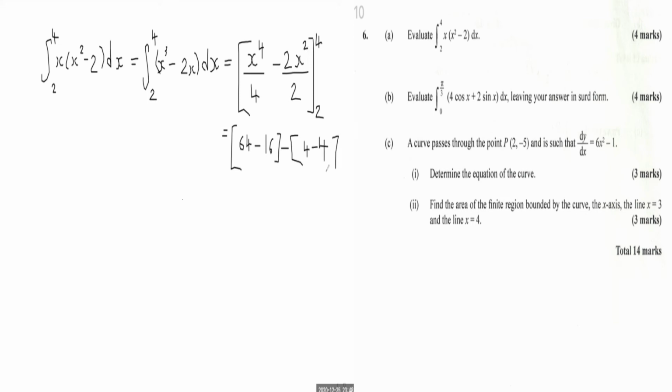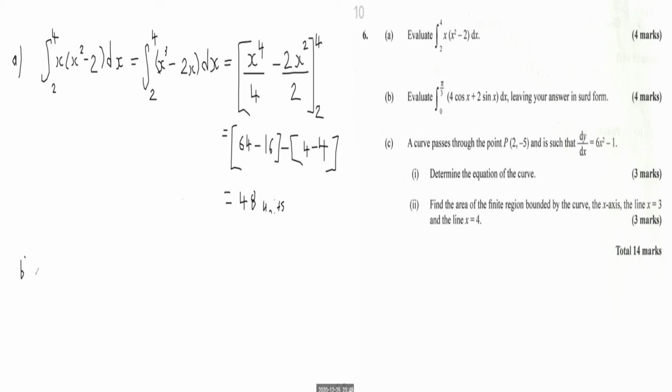And so this works out to be 64 minus 16, which is 48. That's the integral, 48 units. I don't want to say units squared, it's not area. That's part A.